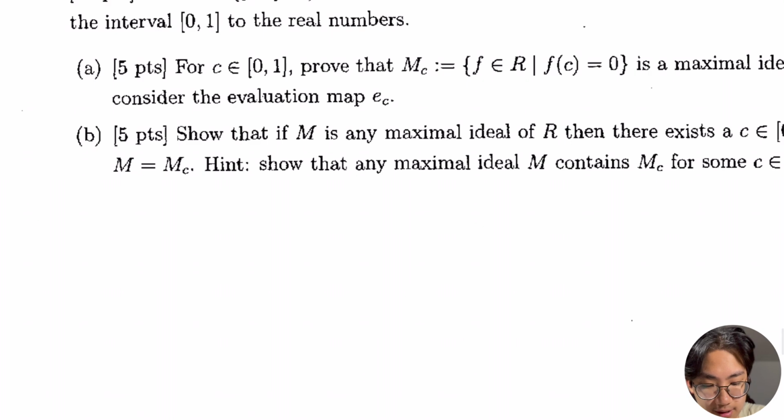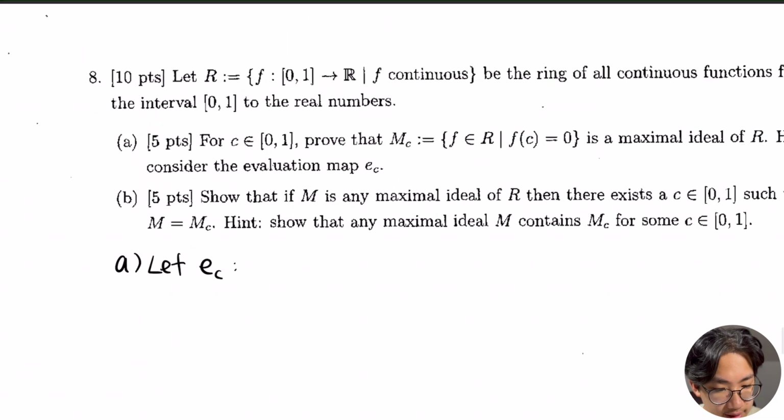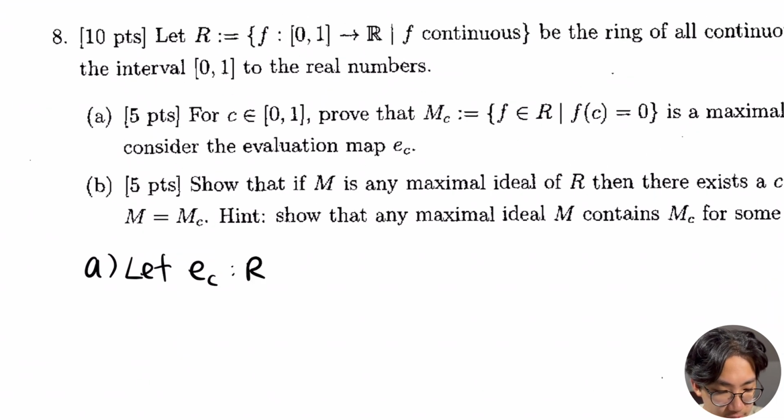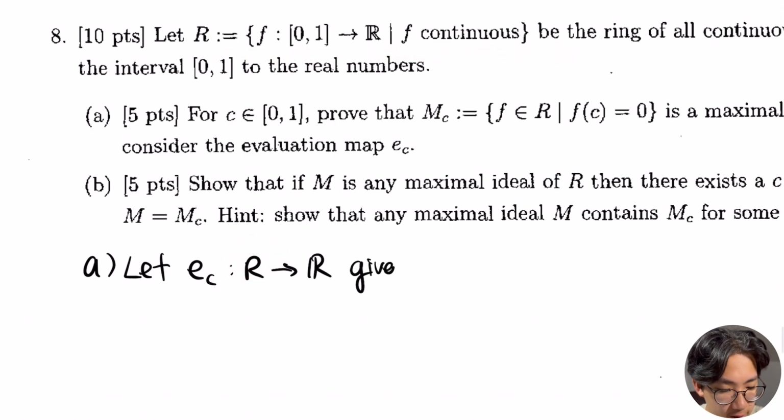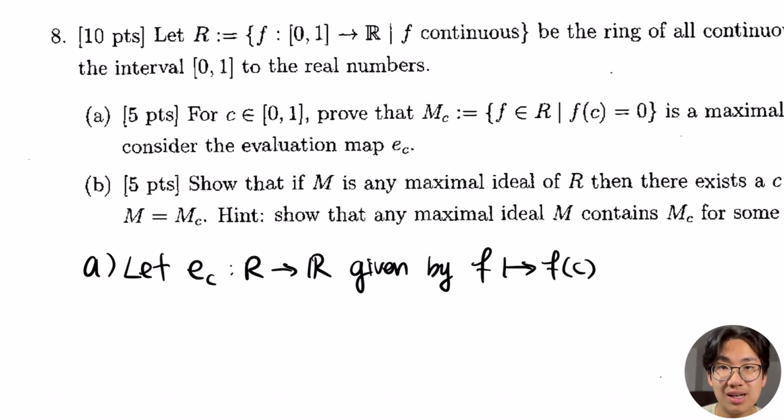In part A, I'm going to let E sub c be the map going from R to the real numbers. Again, this is not to be confused with the real numbers; this is the set we have over here. The mapping takes elements from here, which are functions f, and maps them to just f(c), which is of course a real number.